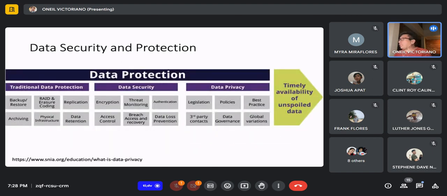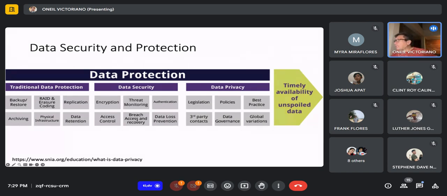So looking into protection, there would be three main aspects of protection: data security, data privacy, and traditional protection. These are different activities, like doing traditional protection such as backup, doing RAID or erasure coding, replication, doing policy over data retention, physical infrastructure security, and archiving.